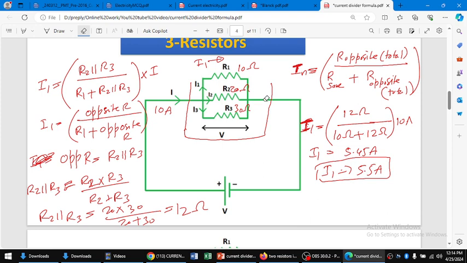Next, when we want to solve for I2, we need the opposite resistance of R1 and R3, because these two are in parallel combination.